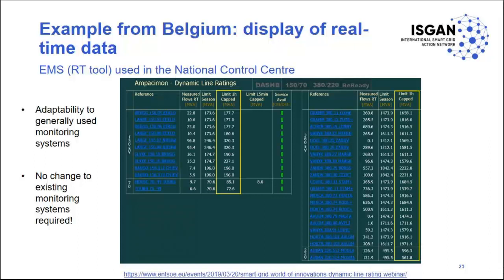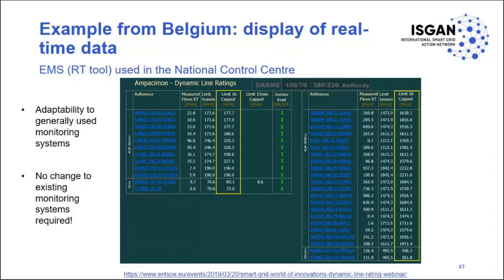Now here we have the 1 hour forecast, and you can see that it is capped because ELIA decided to cap all gains at 30%. That is, even if there is more capacity available, ELIA will not consider capacity gains above 30%, which is good enough, if you ask me, for a transmission line.